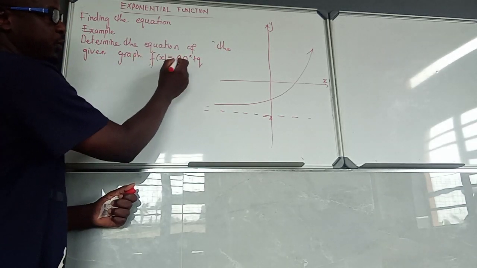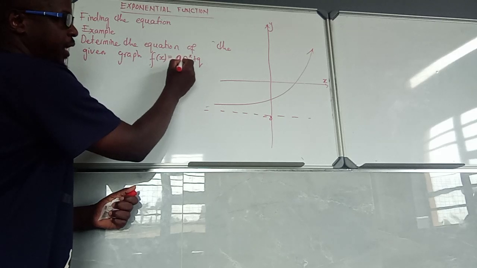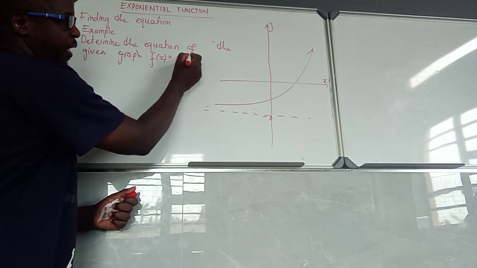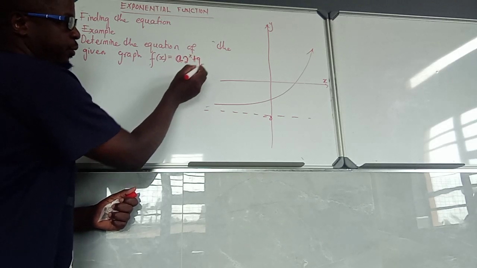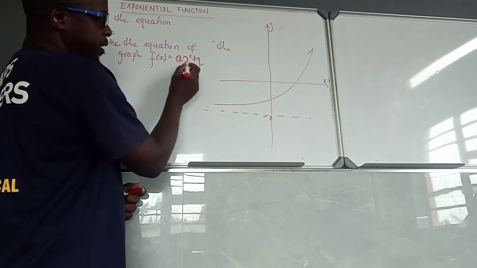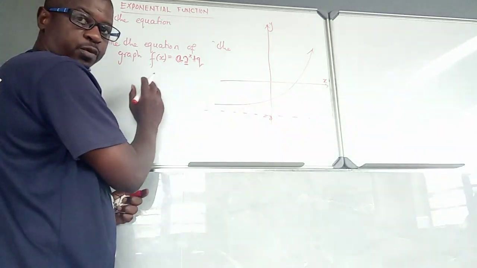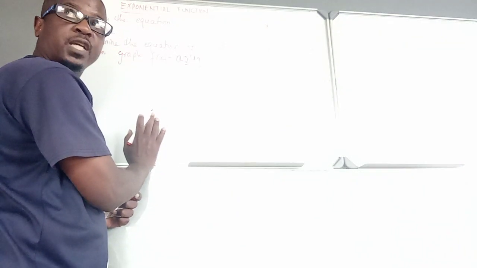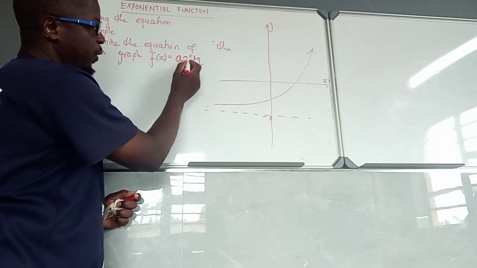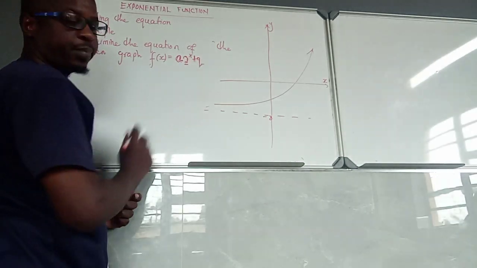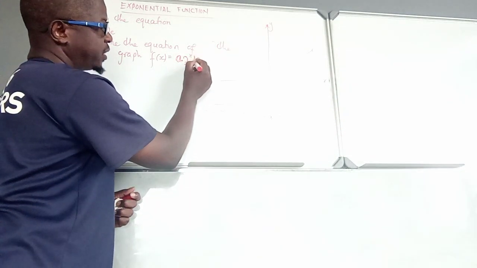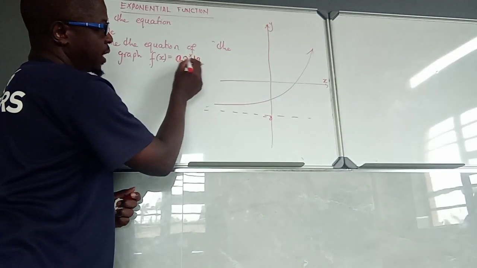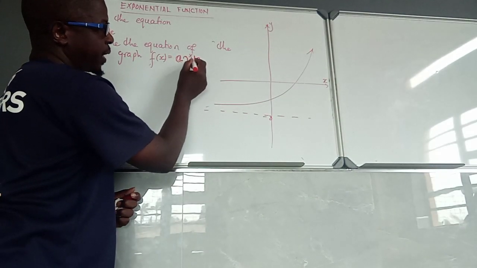f of x is equal to a times 2 to the power of x plus q. Once again, this here is our exponent. If we remember, when we did exponential functions, we have a number that is raised to a certain power, and our general form is such that we have an a here and plus q.